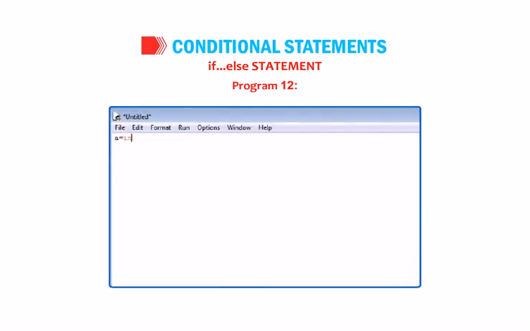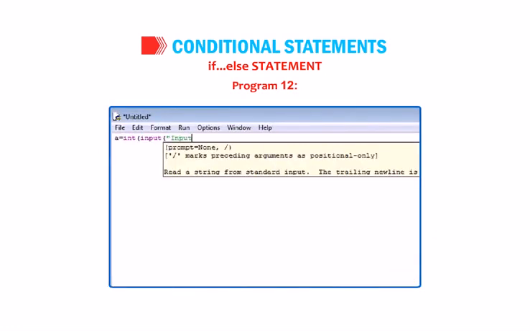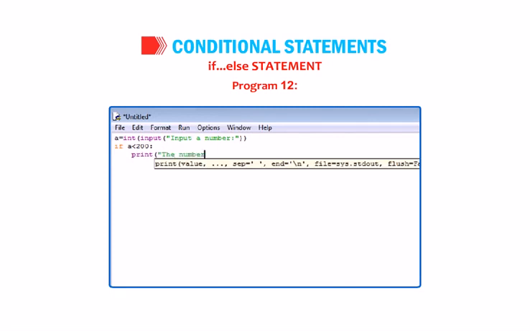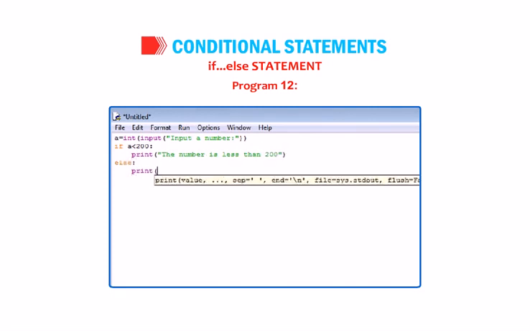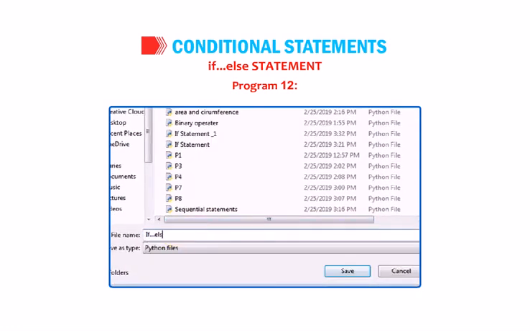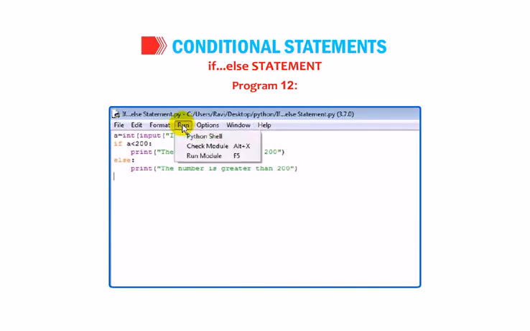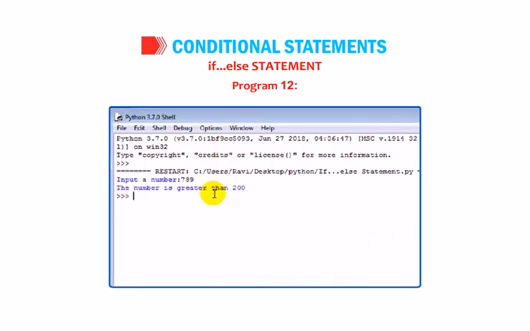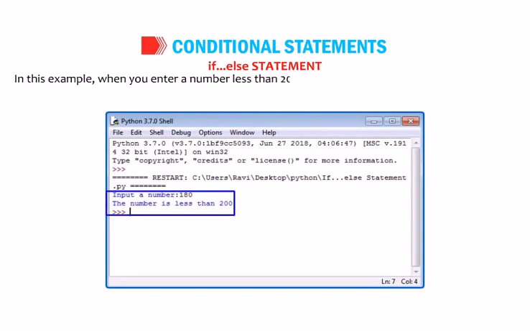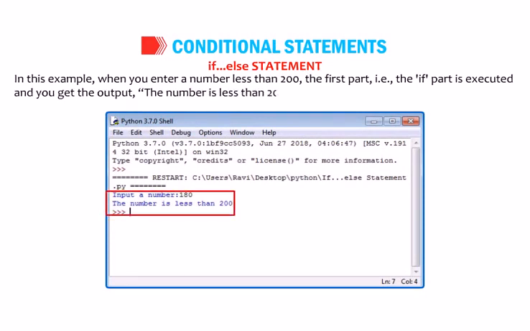Program 12. In this example, when you enter a number less than 200, the first part, that is, the if part is executed and you get the output: The number is less than 200.